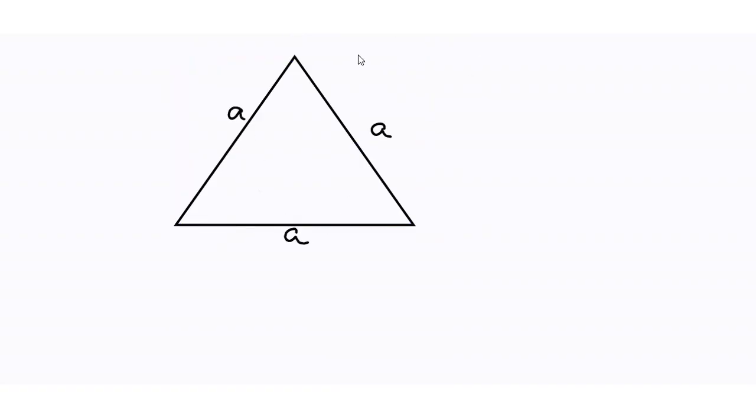Now, if we put a perpendicular from this side to the base, because it's an equilateral triangle, it's going to break into two equal parts. The whole line is equal to A, so this part will be A by 2. Say this is H for height. So here we'll use Pythagoras theorem.